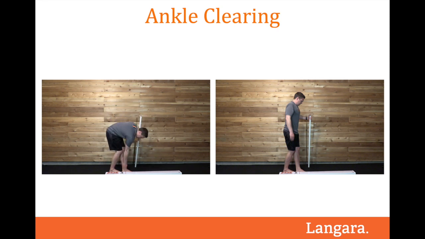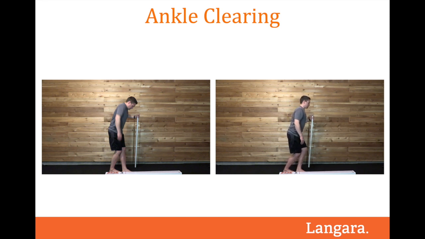All right, so what this test essentially looks like is as follows. So we first identify that medial malleolus and we put it on that red line. And then using something to balance, which is fine, we get the athlete to go as far forward as possible. And what we're watching for is the knee. We're watching to see if the knee is going over top of the medial malleolus.